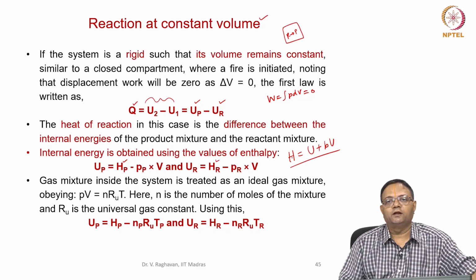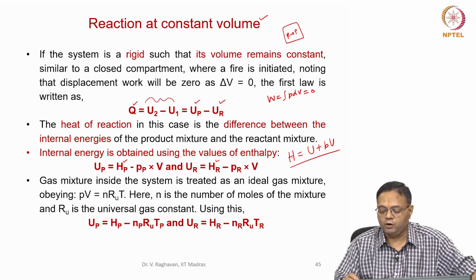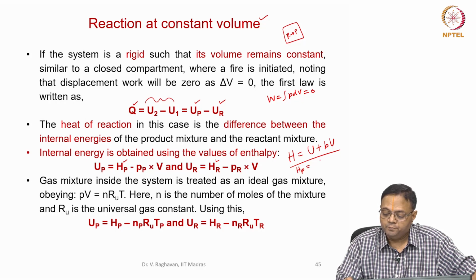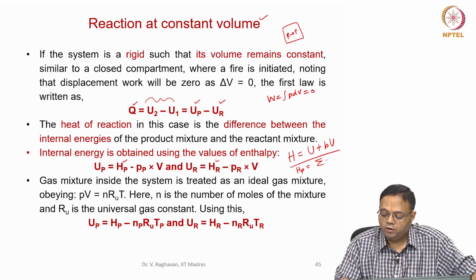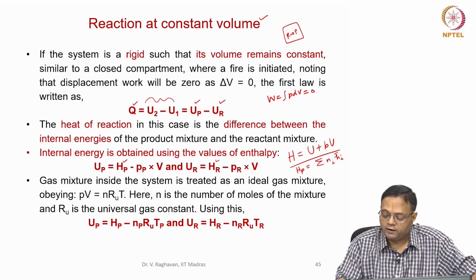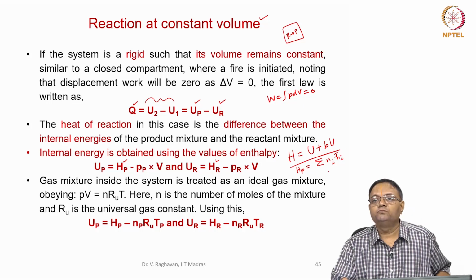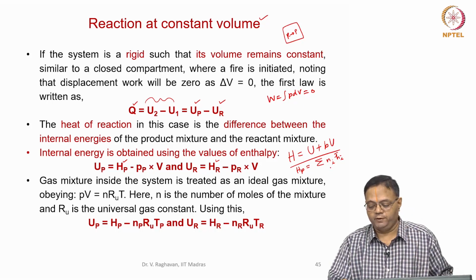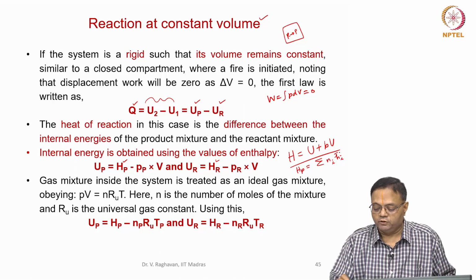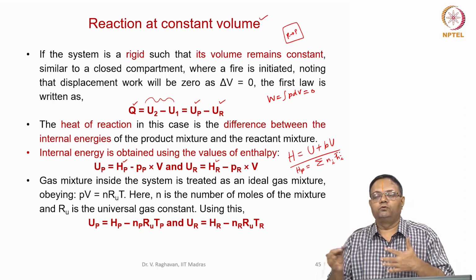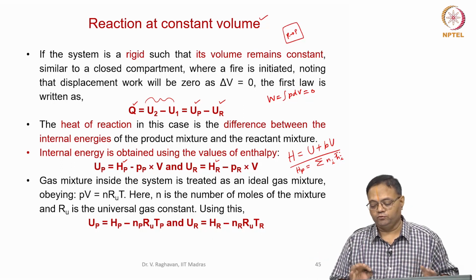We know how to find the enthalpy of products because enthalpy of products is nothing but the sigma Ni H bar i of the products. It's just products in this case because there is no flow. When you have a system, there is no flow.